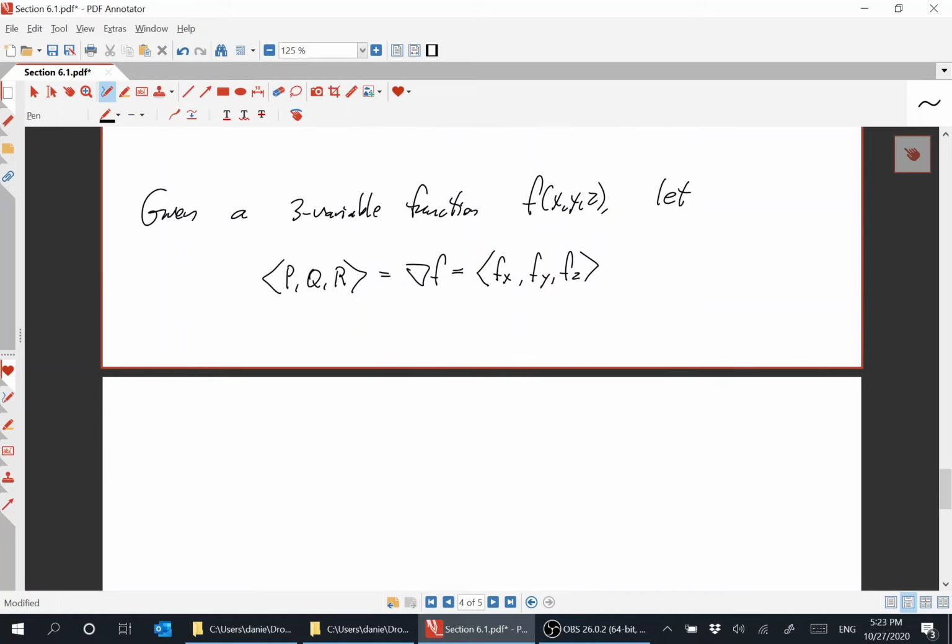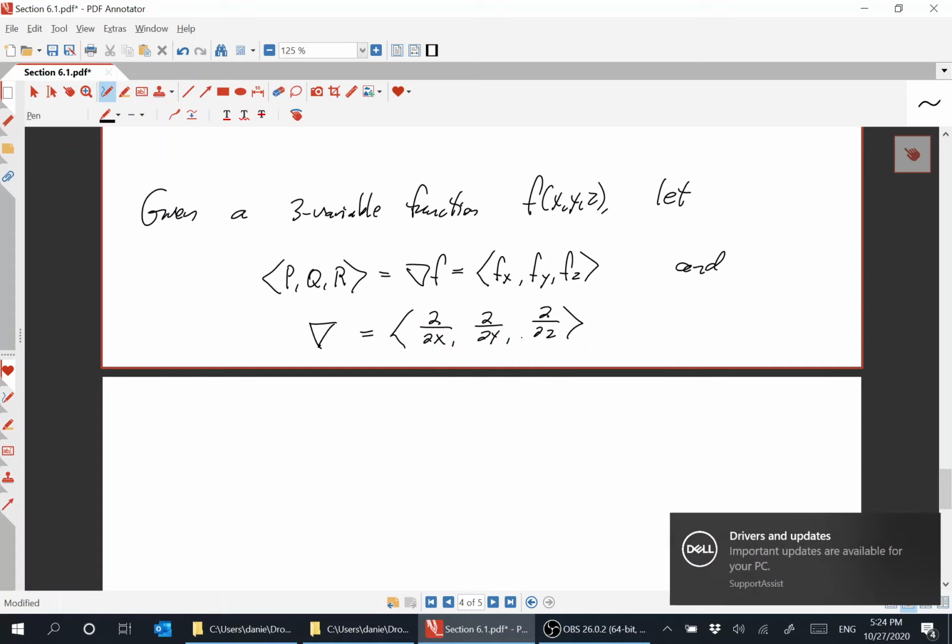Now, take this new vector, just call it triangle or gradient or whatever, and let that just be the vector of differential operators, partial with respect to x, partial with respect to y, partial with respect to z. So let P, Q, R equal fx, fy, fz, and this triangle, del, is equal to the vector of differential operators like that. Now, consider the cross product.